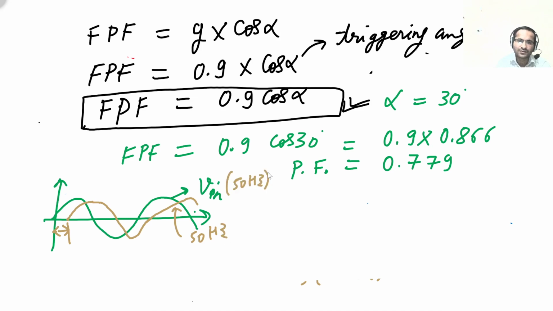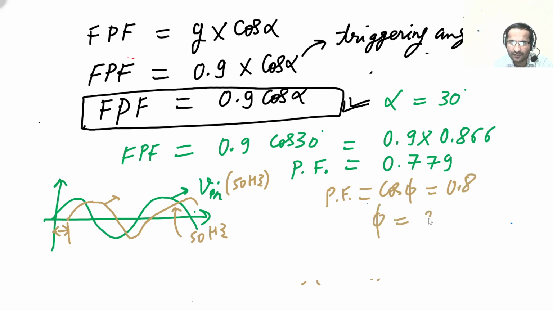Because the source current is actually a square wave. We have done the Fourier series analysis and calculated the fundamental part of it. So with power factor 0.8 as cos phi, we know that the phi angle will be around 36.86 degrees. So the fundamental source current lags the supply voltage by 36.86 degrees for an alpha value of 30 degrees.